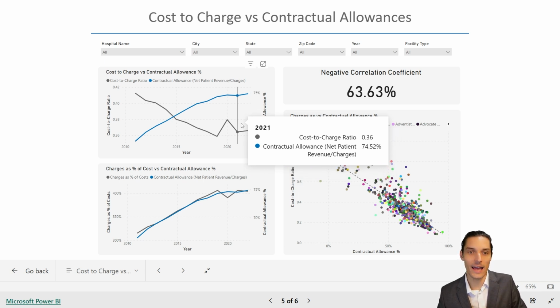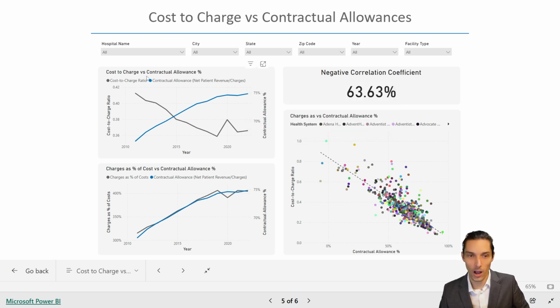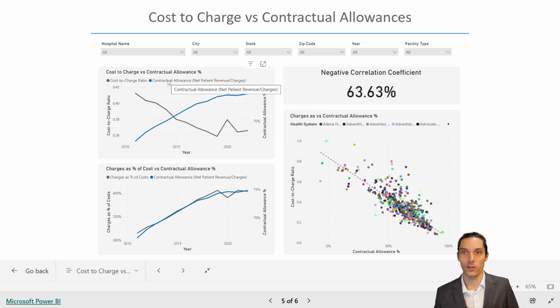The difference is that contractual allowances looks at net patient revenue. And so net patient revenue over charges is what constitutes contractual allowances. Cost to charge ratios are your costs over your charges. And so it's looking at a cost basis where contractual allowances are looking at it at a revenue basis.